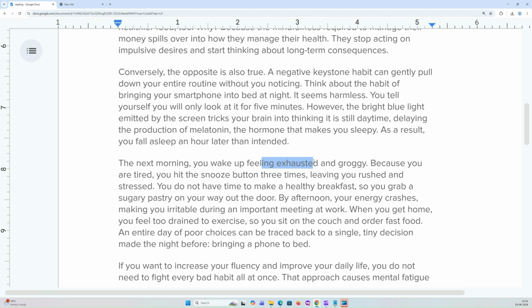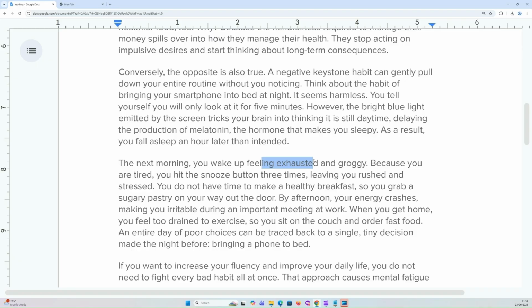You do not have time to make a healthy breakfast, so you grab a sugary pastry on your way out the door. By afternoon, your energy crashes, making you irritable during an important meeting at work.